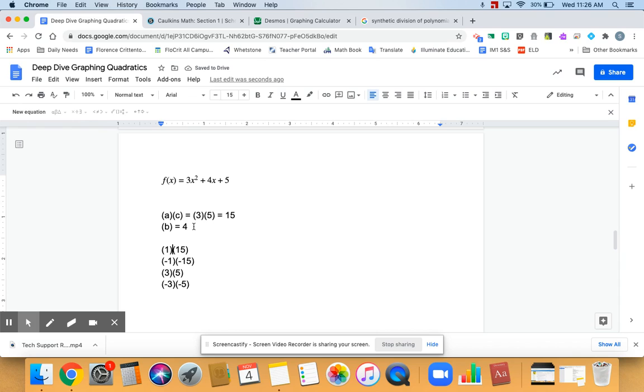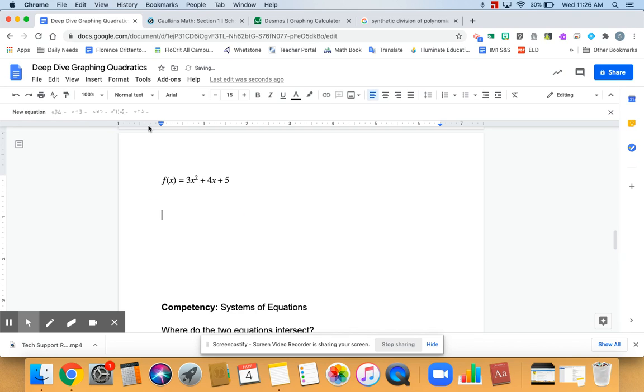So if I tried to add these all together, that's 16, that's negative 16. So not those two. 3 plus 5 is 8, and negative 3 plus negative 5 is negative 8. So not those two. So it can't be factored. I wouldn't be able to solve for my x-intercepts by factoring. I'd have to solve it by the quadratic formula then.